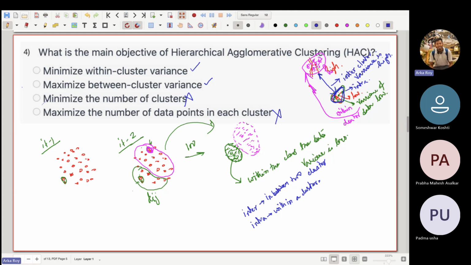Okay, so minimize within-cluster variance, and the complementary statement is maximize between-cluster variance. Therefore, both of these answers are actually correct. If you have ticked any of them, you will get the marks.